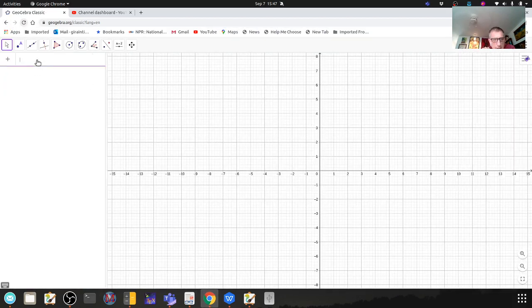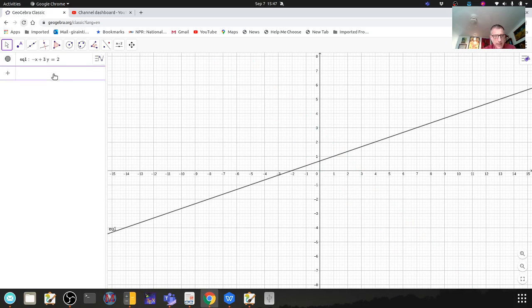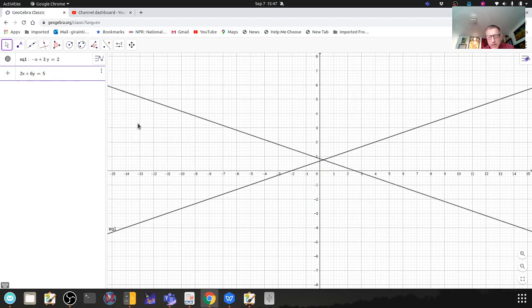Over here you can literally type in what you want. I'm going to do minus x plus 3y is equal to 2. And there's that line. Do another line. We have 2x plus 6y is equal to 5. And you can clearly see that these two lines are in no way perpendicular.